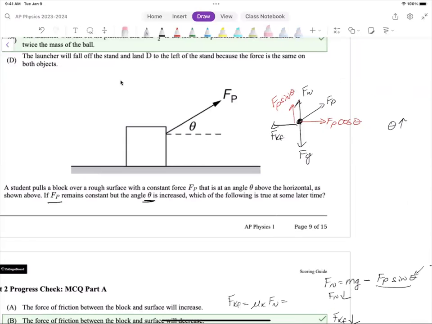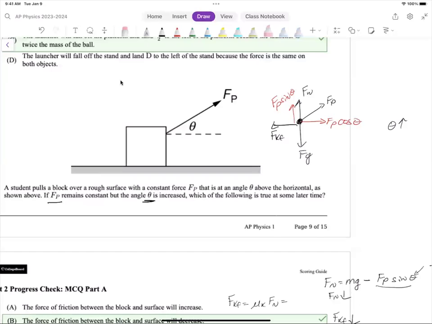Okay, so look at the free body diagram. I got force of gravity down, not going to change no matter what happens to theta. Force normal up, force P sine theta. Well, force normal is going to change. If theta goes up, sine theta goes up, and force normal goes down because they've got to equal FG, okay?